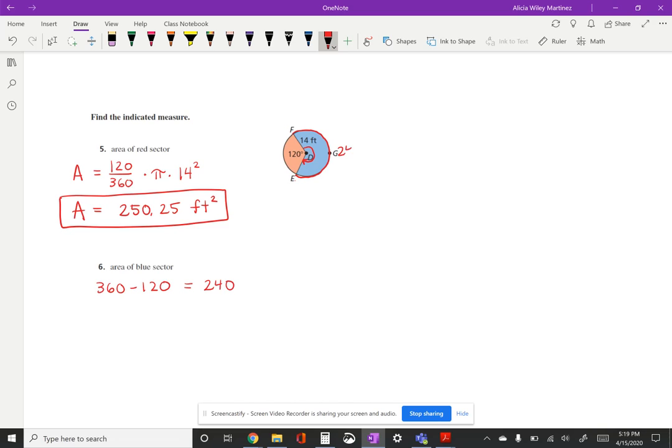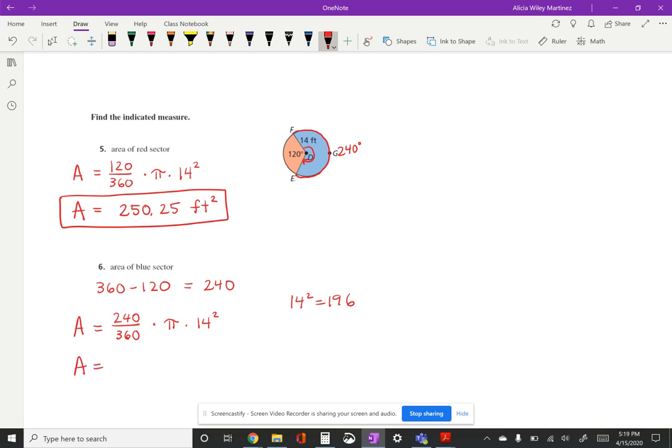The radius is still the same. We're still finding area. So it's going to be 240 divided by 360 times pi times 14 squared. And remember, 14 squared is 196, if that helps.